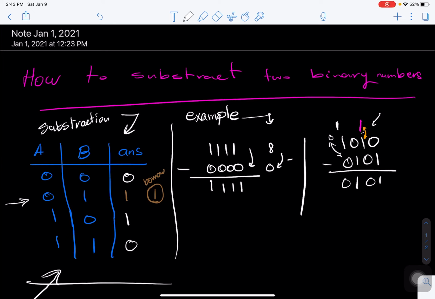Again, it's very important that you double check your answer here. The first one represents the number 10 and the second one represents the number 5. When you subtract these two in decimal, it's going to be 5, which is this number. This way you know that you got the right answer.